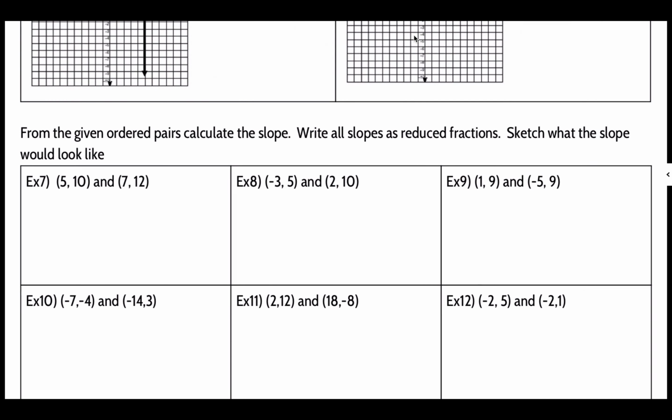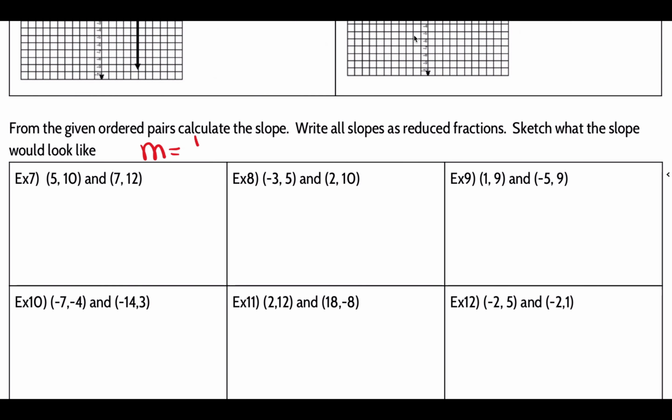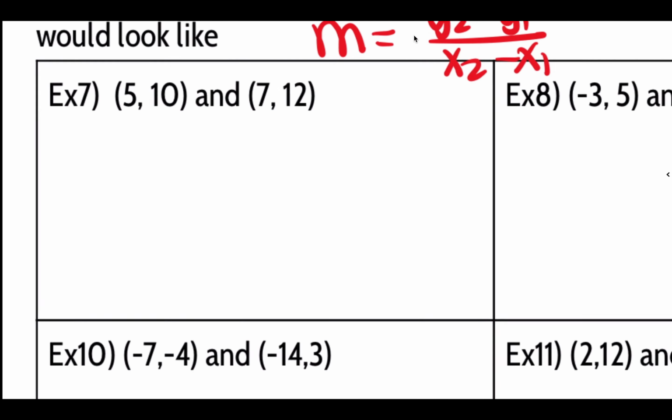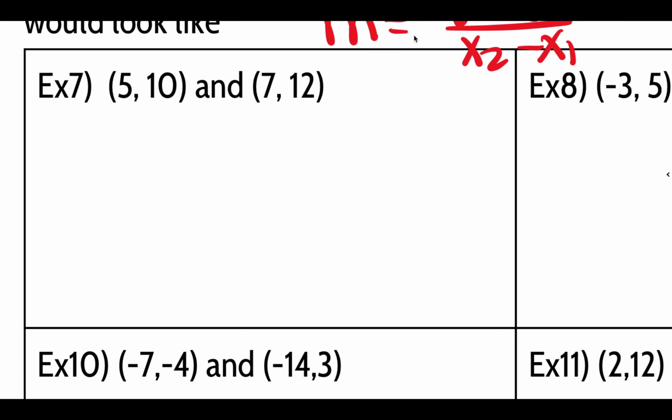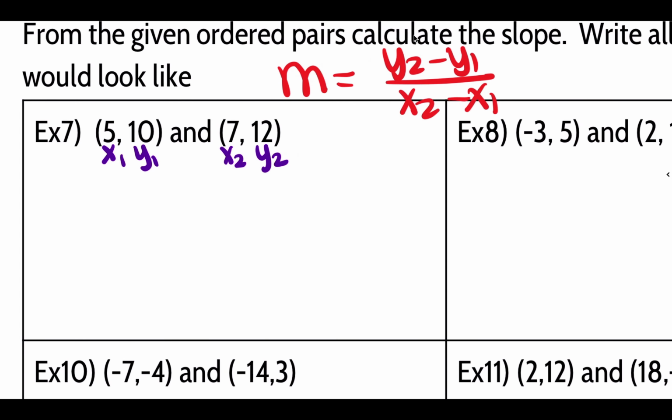Okay, from the given ordered pairs, calculate the slope. So when we're calculating our slope with pairs, we're going to use that equation. So your m is equal to y2 minus y1 over x2 minus x1. So in example number 7, we have x1, y1, x2, y2, and we're just plugging it into that slope formula.